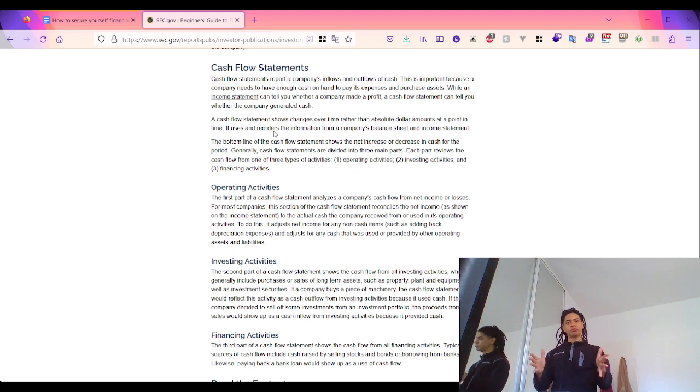So the first part of this cash flow statement is the operating activities. What it does is look at the income statement and reconcile with the total amount of cash that was used or received from operating assets or liabilities.